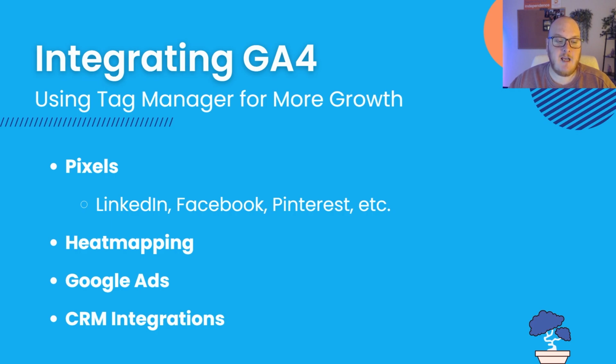For heat mapping, you can use companies like Hotjar or Crazy Egg, and what this does is show you what people are doing and where they're acting on your website. It's going to show you a heat map of the site, as far as maybe people are looking at the top left, maybe people are looking at the bottom. So you're going to see those different things. Maybe one button sticks out versus another.